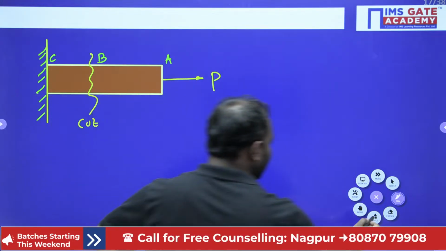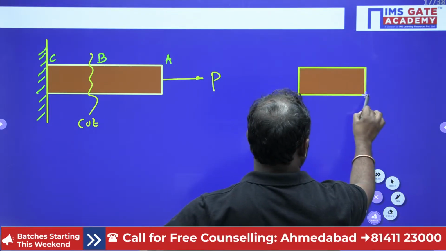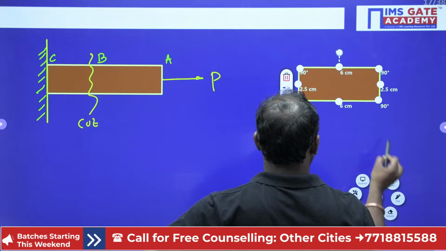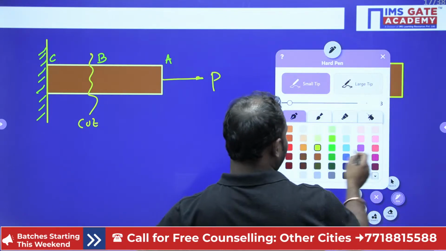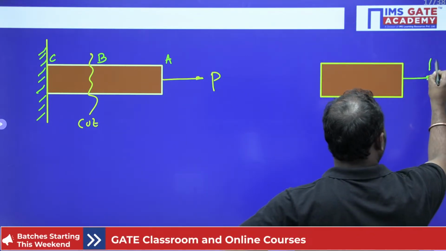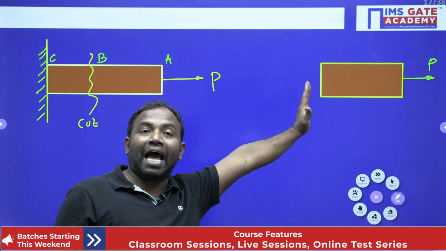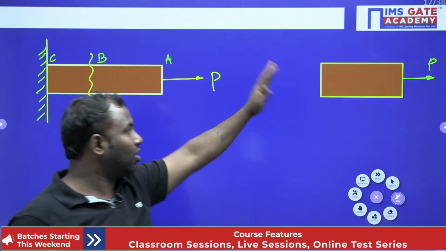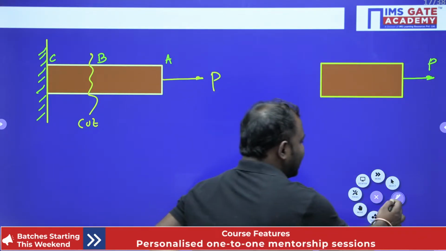Now if I draw this, then what happens? Again here this is the force P, right. Whenever I cut that, some internal forces are going to act on the body, isn't it? Because it is pulling this side. So that is why some internal forces are going to act over there.